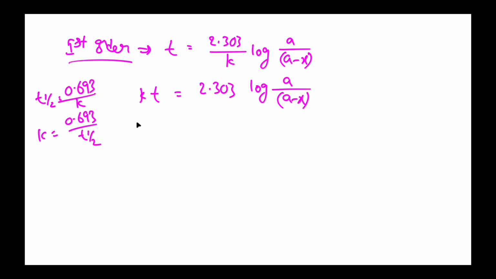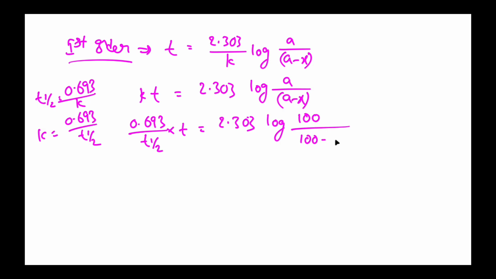So in place of K we can write 0.693 by T half into T is equal to 2.303 log of initial 100 by 100 minus how much is completed? 99.9% completed.